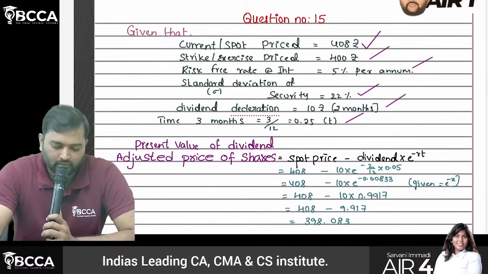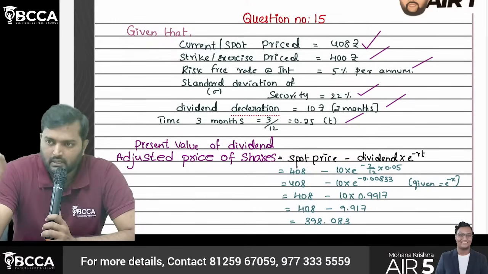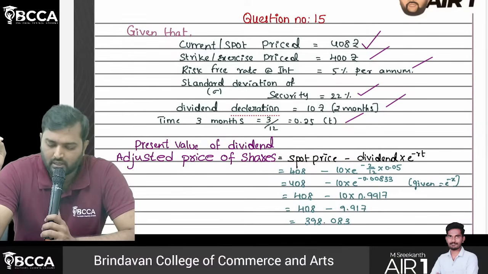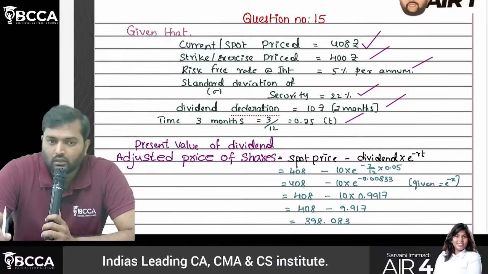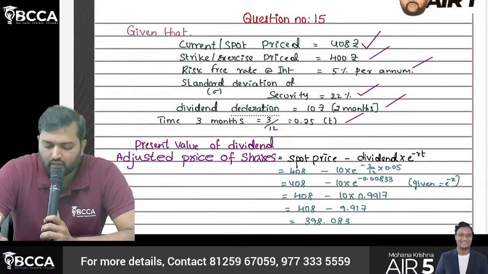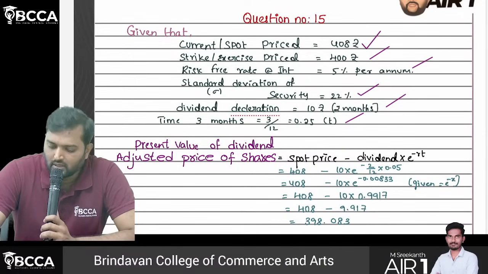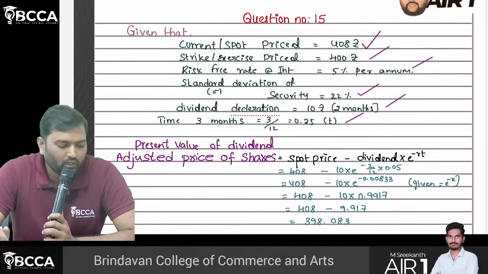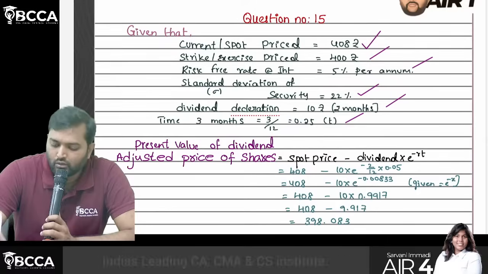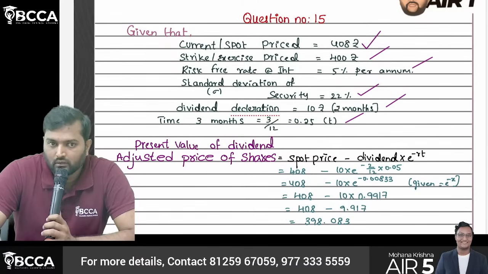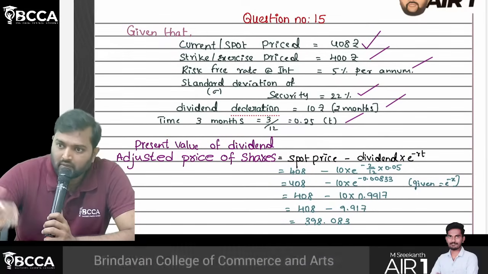First step, we should find out the adjusted spot price, which is equal to spot price minus present value of the dividend. What is the spot price? 408. Dividend 10 rupees, which is receivable in how many months? 2 months. So 408 minus 10 into e power minus 2 by 12. Why minus 2 by 12? We are bringing it to present value.